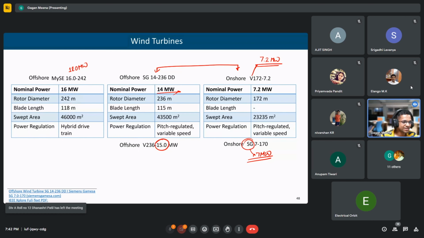So if the blade length is 118 meters, at least it should be 1.5 times. I think once I saw this, not exactly remembering, but around 166 meter. I'll have to check. You can see on this link which I have provided. I think it's around 166 meter. You can check it again.